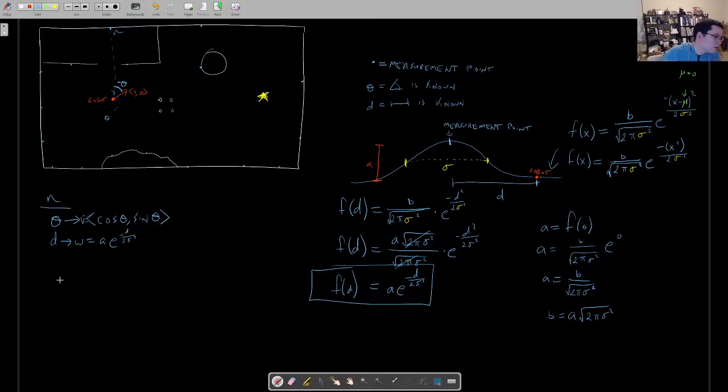Now, we want to add up for all i in 0 to n, because we are mathematicians here.